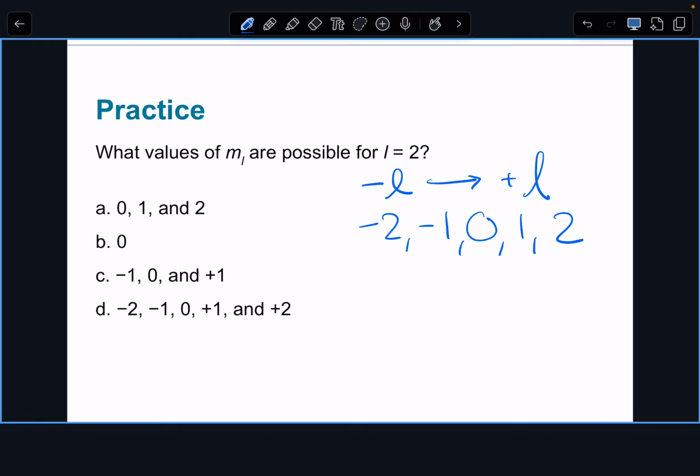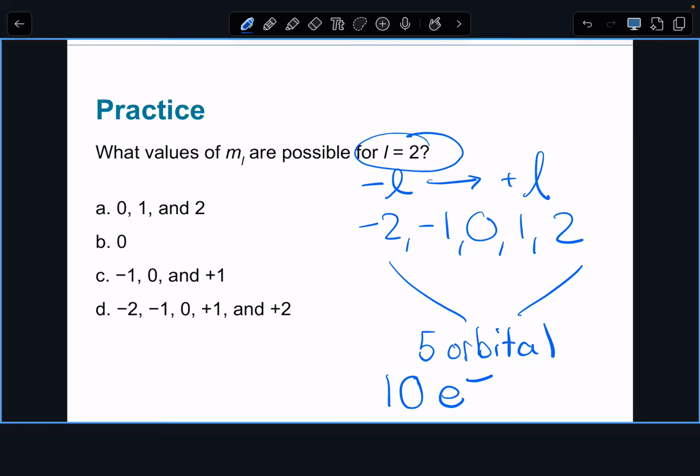So there are those numbers. There are 5 of those numbers, though. What that means is that there are 5 orbitals. Or another way of saying that is that in a particular subshell where L equals 2, we can hold 10 electrons, because the whole point is that we want to know where the electrons are.